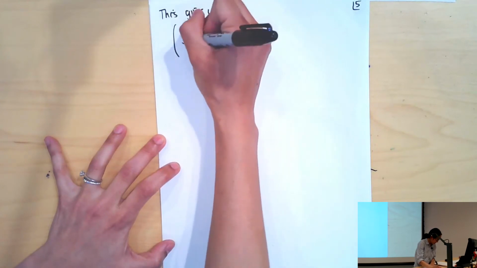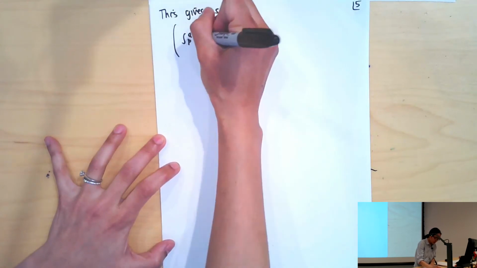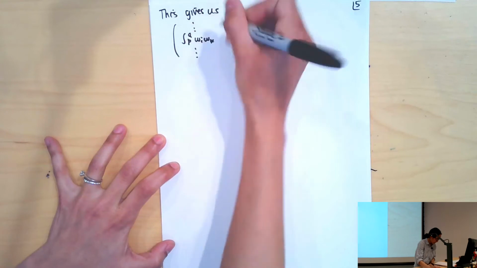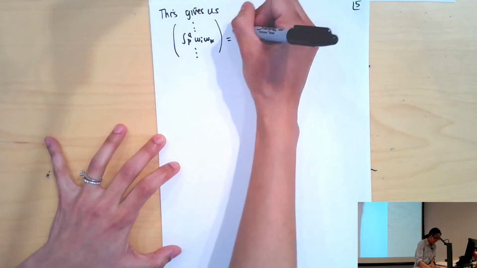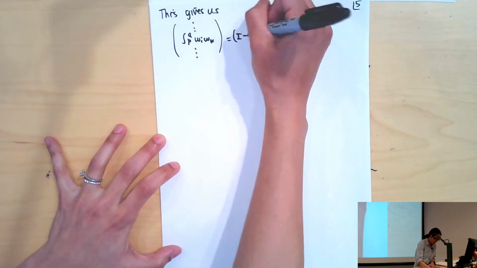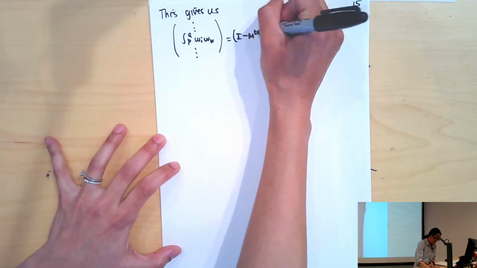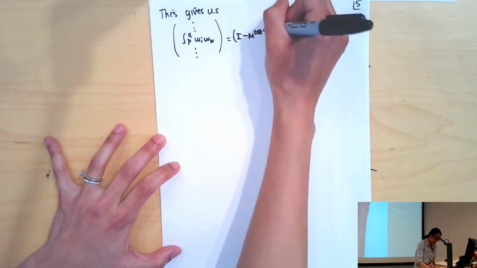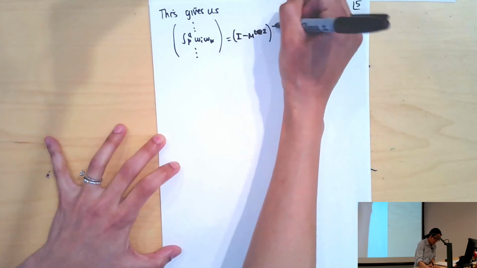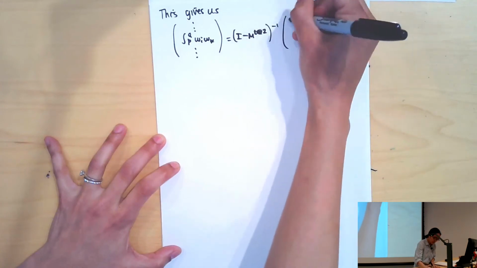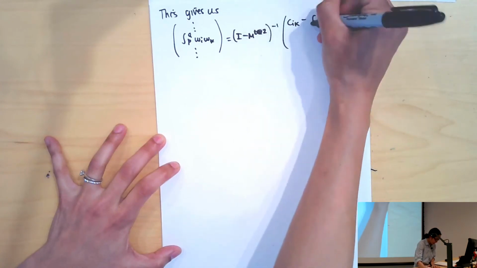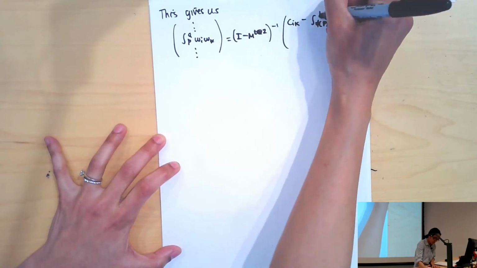all of our double integrals on our basis. So now we have a big matrix here. So matrix of Frobenius tensored square minus 1. And then our CIK, and then some tiny double integrals.